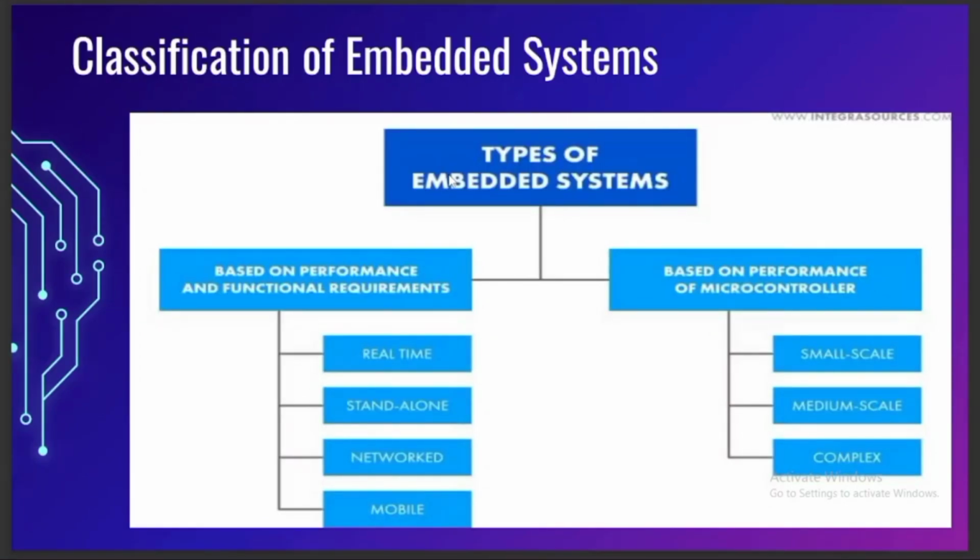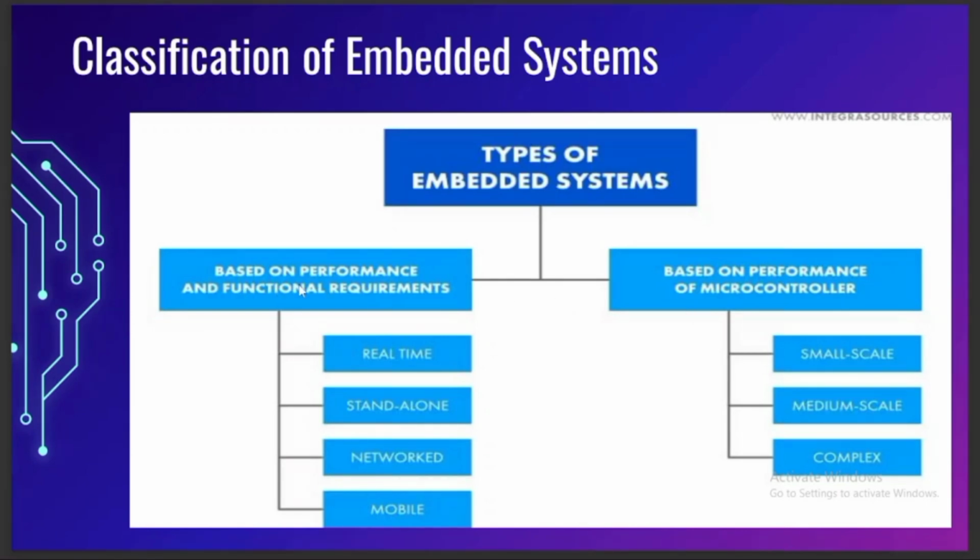Meaning the types of embedded systems we are having. The embedded systems are broadly classified into two types: based on the performance and functional requirements, and based on the performance of microcontrollers.